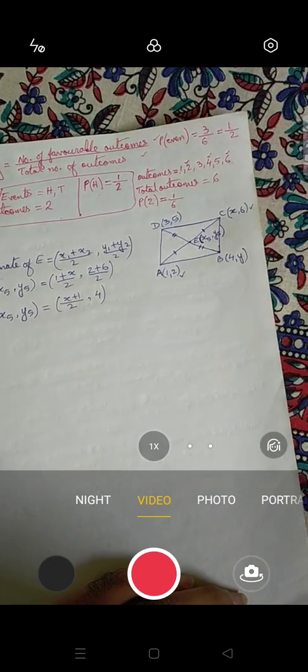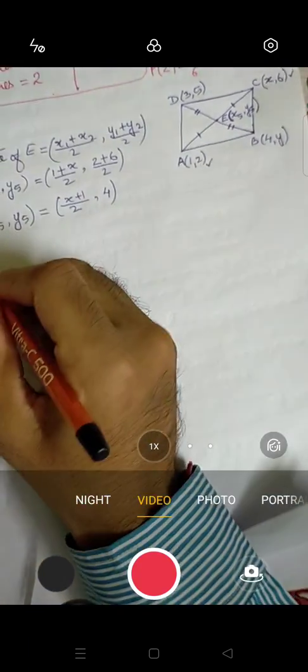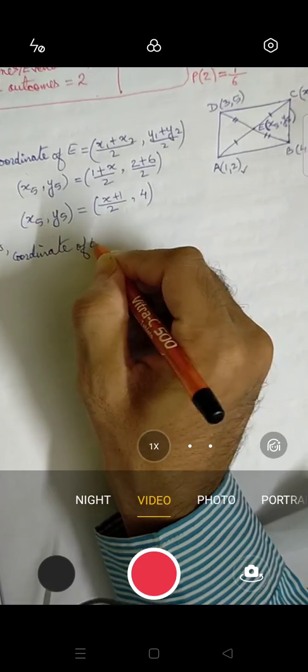Again, E is the midpoint of BD. So after writing this one, you will say again E is the midpoint of BD. So coordinate of E. This time no need to write the formula. We know that this is x1 plus x2 by 2. So we are taking BD.